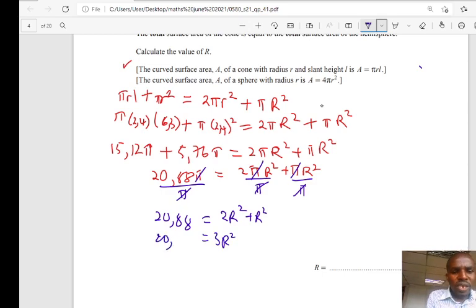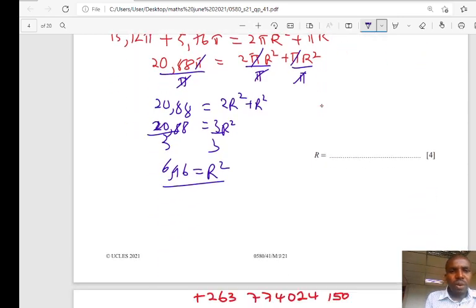Then 20.88, after that, divide by 3 both sides. What do you get here? 6.96. 6.96 is equal to r squared.